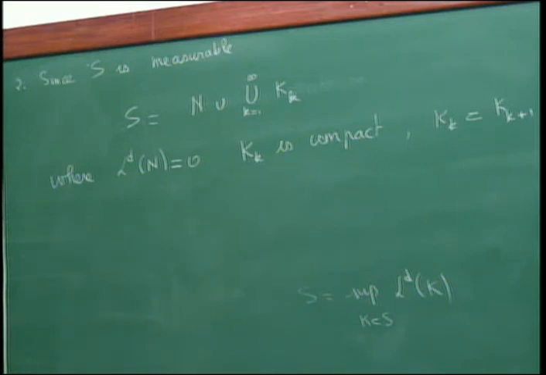Define N to be S minus the union of K_k. This is a set of 0 measure, and I have the equality I wrote there.